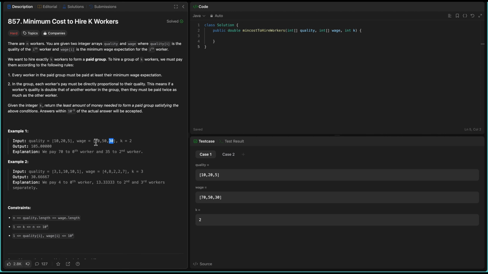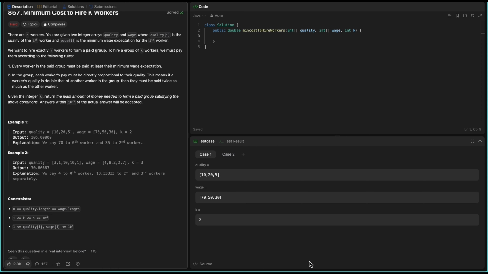In this case, worker 0 was getting 70, so half of it is 35, so we have to pay the other worker also 35 because they bring half the quality. And this is the minimum money we have to pay to form this paid group.